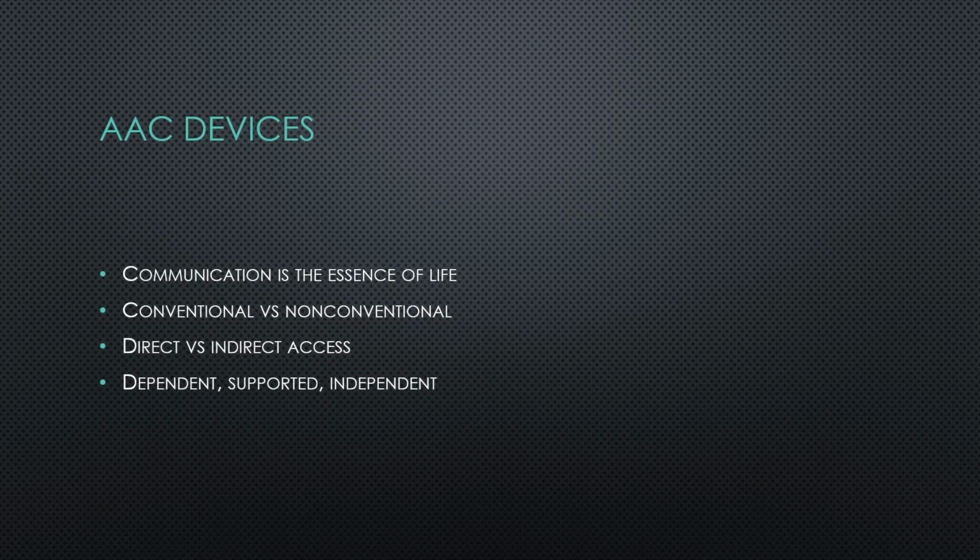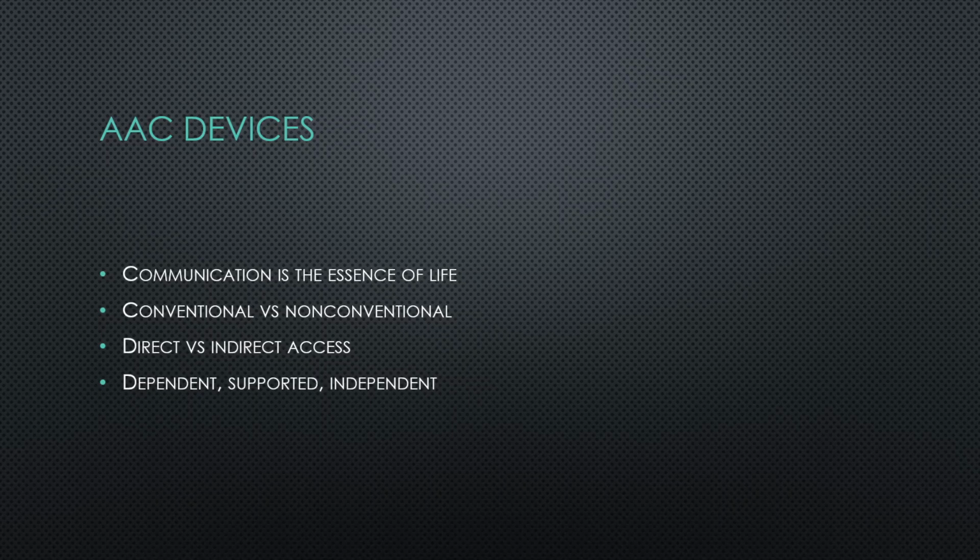Indirect access is like the person we watched who just has one switch and they have to use that switch to narrow down which half of the keyboard they want to type from. That's indirect access. They can't just hit the S key. They have to go left half, right half, middle, and then they've pressed S.